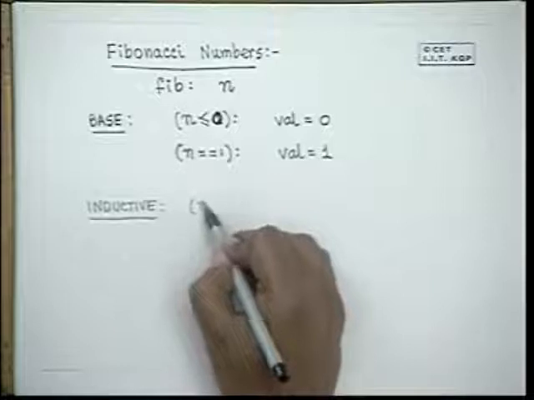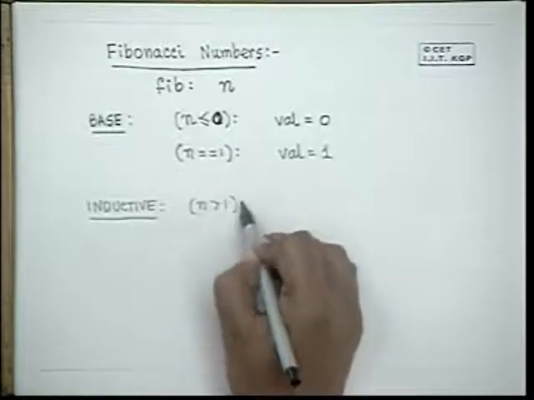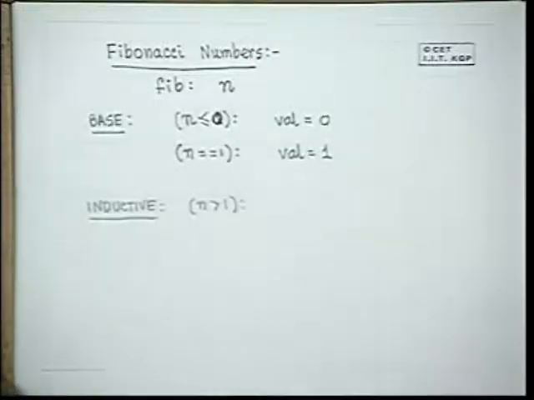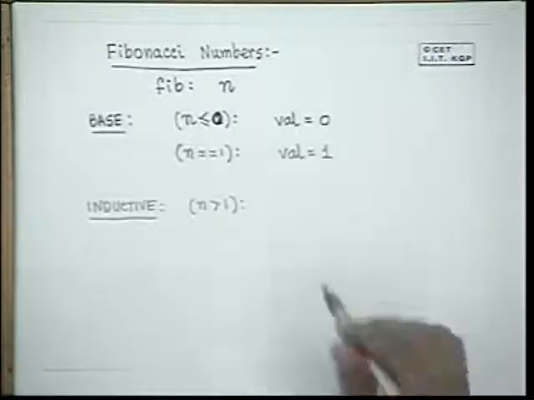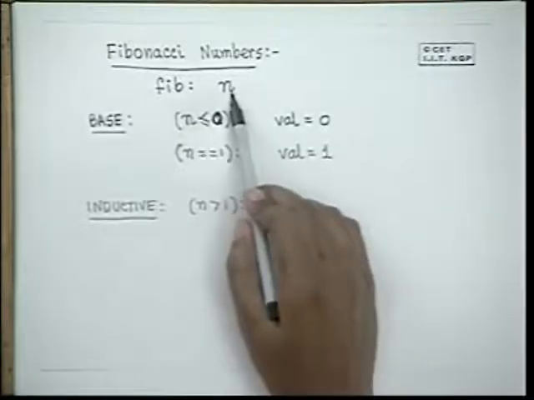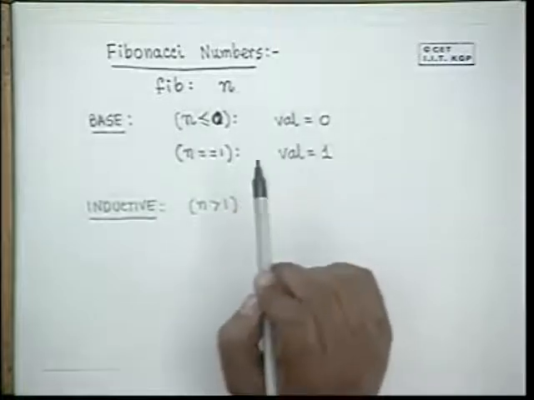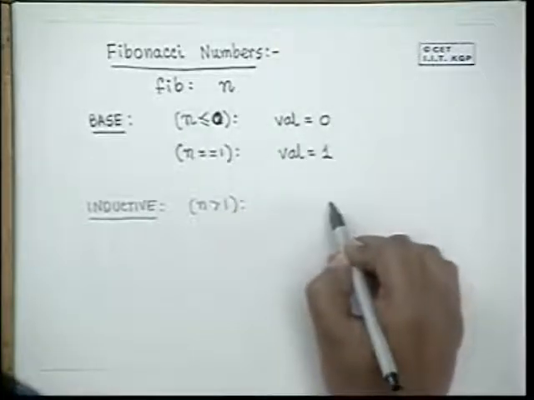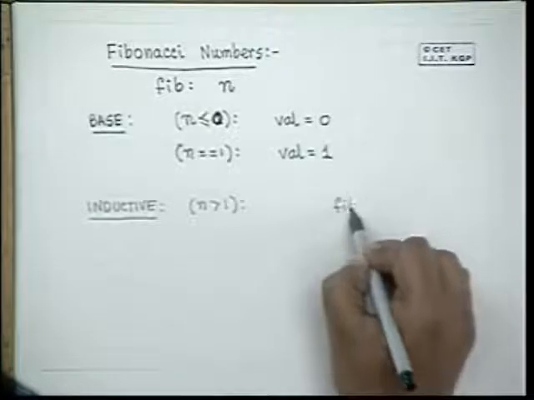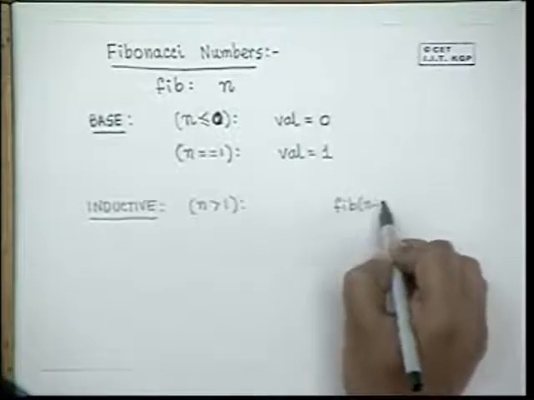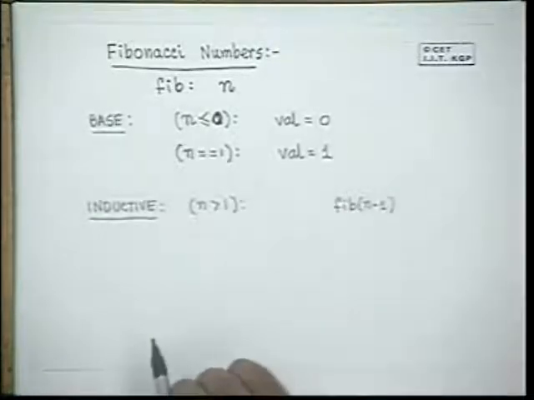The condition is n is greater than 1, and in order to solve the Fibonacci number problem, you have to obtain Fn, which is Fn minus 1 plus Fn minus 2. So we solve fib of n minus 1, which is one subproblem.